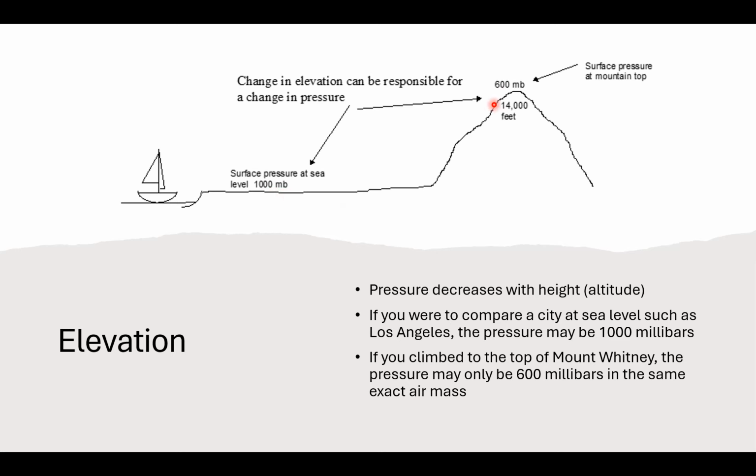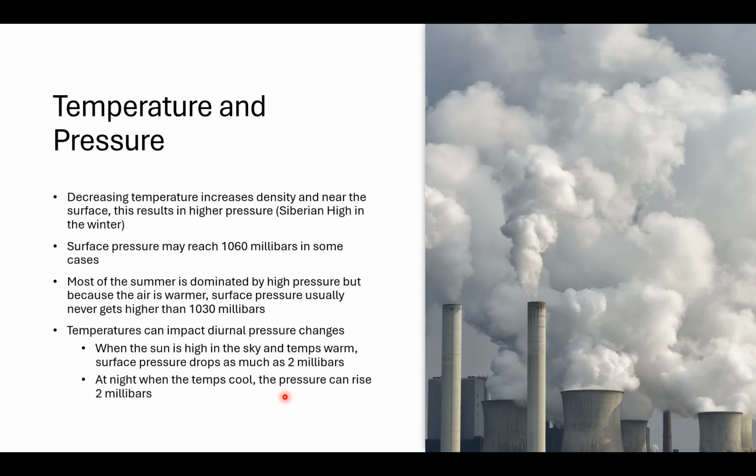But if you climbed up Mount Whitney, the pressure may only be 600 millibars up at 14,000 feet at the peak. We're talking about the same air mass here, but a change in elevation can definitely be responsible for a change in air pressure. The higher you go in elevation, the lower the air pressure.